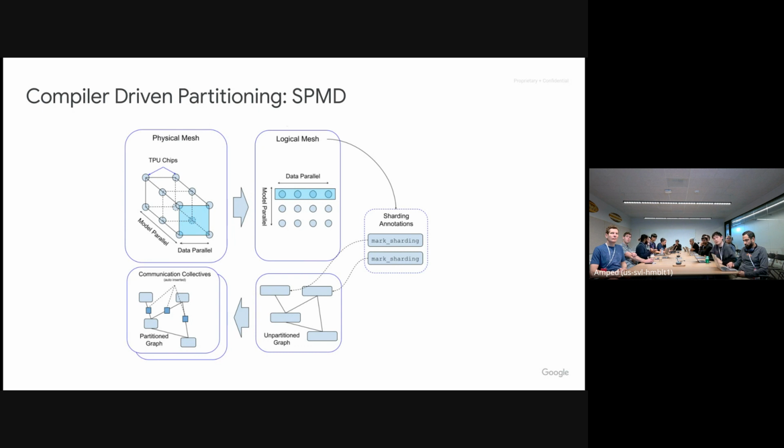This is just an arbitrary example. Essentially, sharding annotation is what we need. To come to sharding annotation, I need how I want to partition the tensor, and along what physical axis this partitioning should map, and that is what is expressed by the logical mesh. And then the XLA compiler does the magic, and you benefit from it.